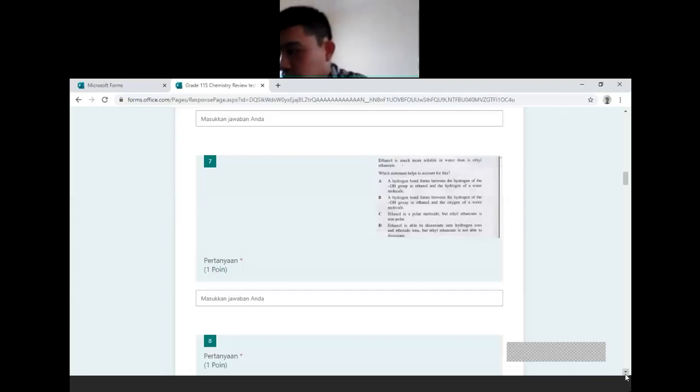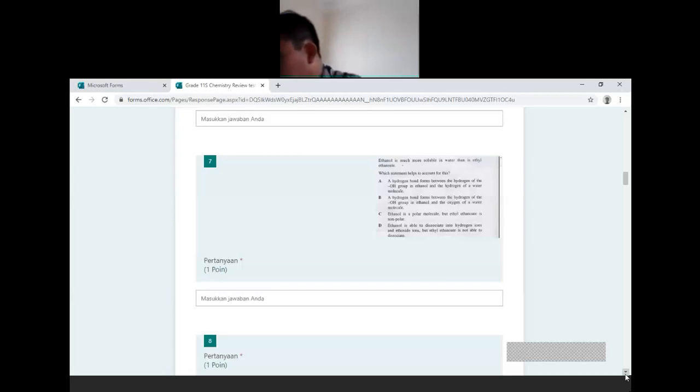Like in this question, the question is asking for solubility. Although statement C is correct, statement C does not answer the question. So if you answer a question, make sure you address your sentence to the question. Do not make a statement that does not answer the question.